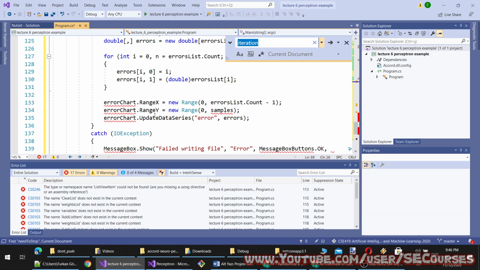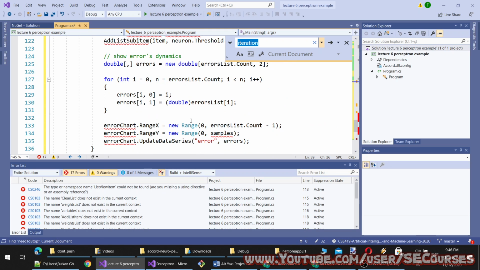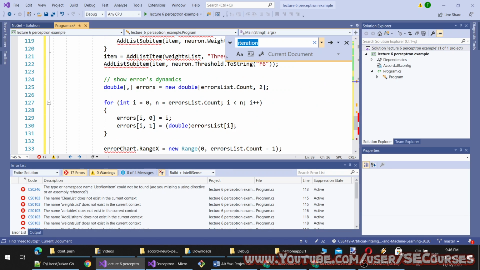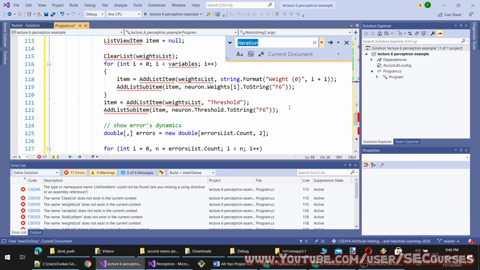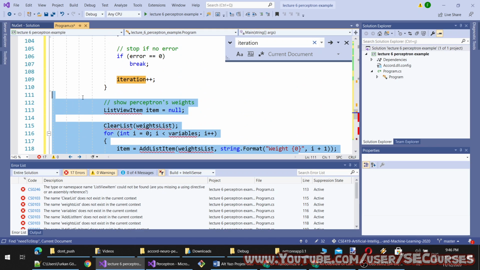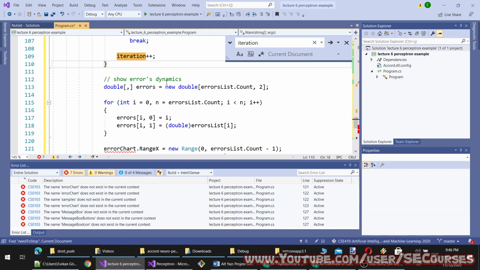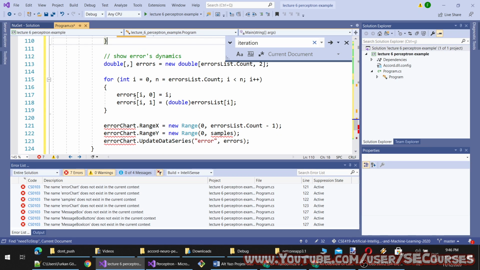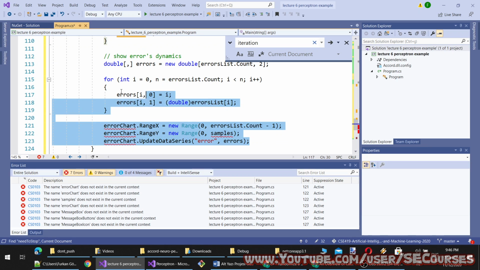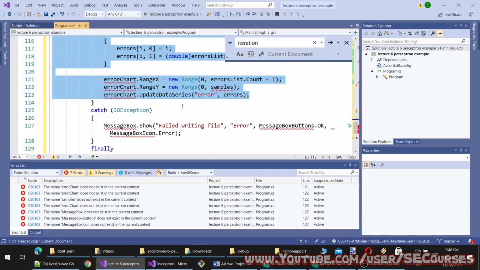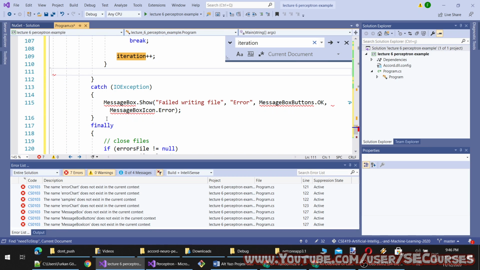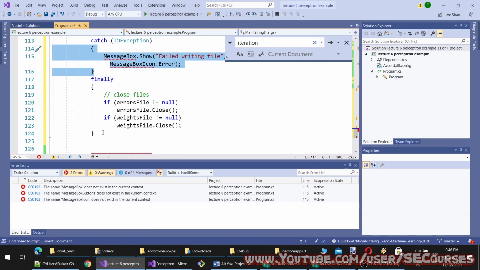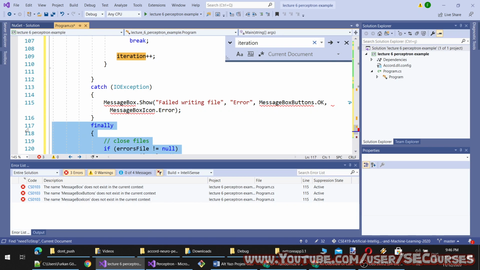So iteration is increased every time. I'm going to delete this as well. There is show error dynamics. Okay, I don't need this as well. And there is catch IO exception. Okay, we don't need this.